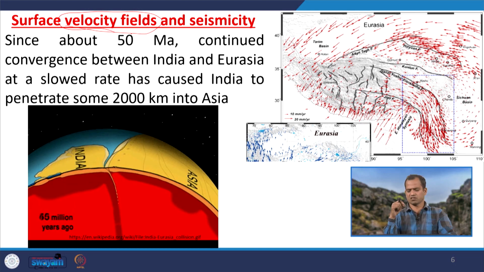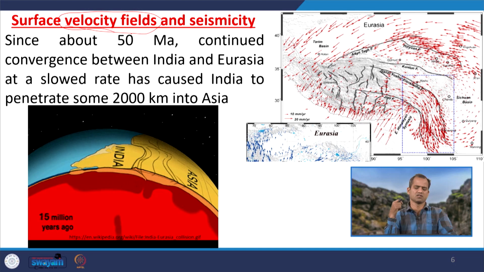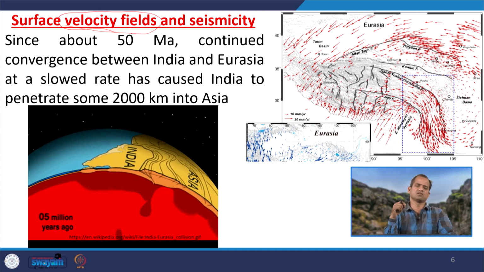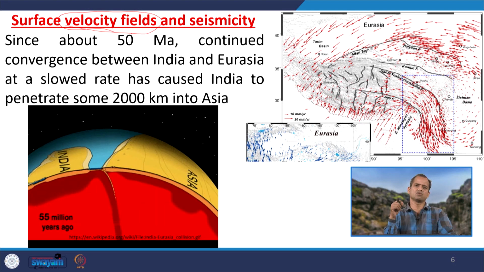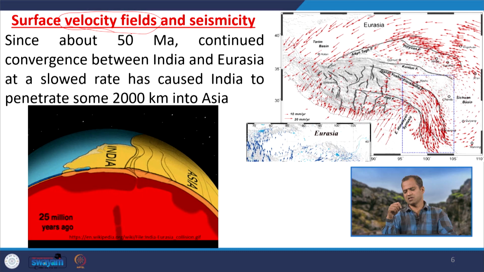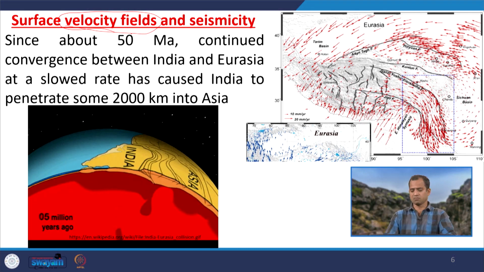In the last class, we talked about how the Indian plate movement was different at different geological time scales, and those movements at different rates were also responsible for different magnitude earthquakes or different degrees of deformation at spatially different segments of the Himalayan system.